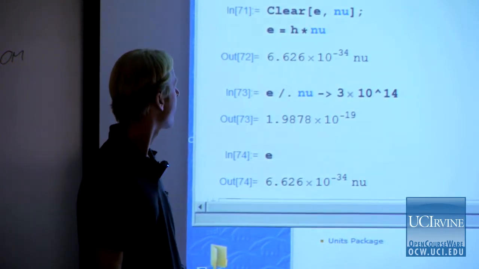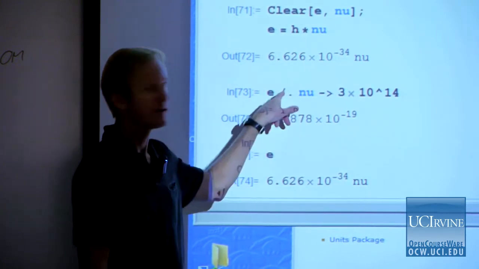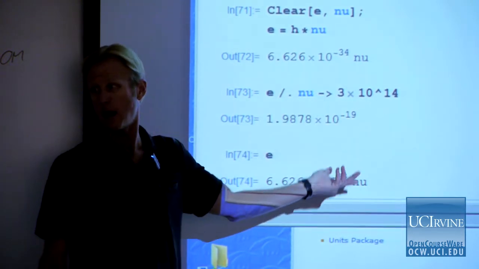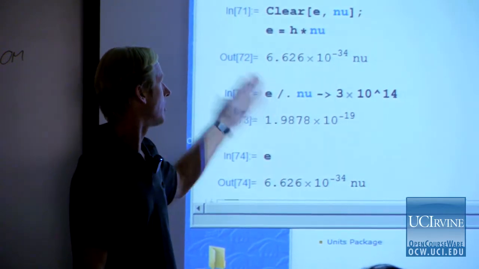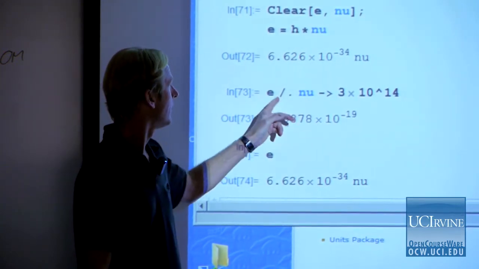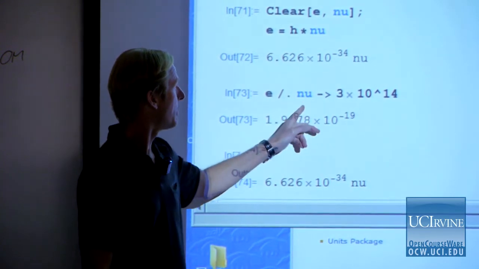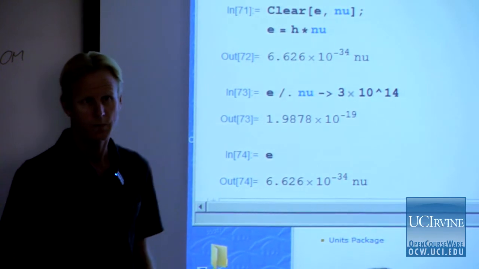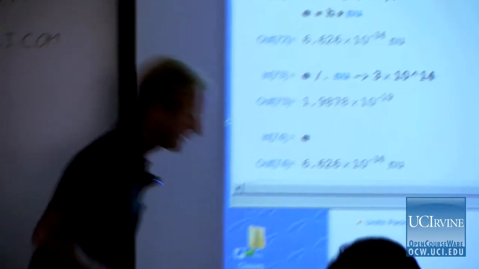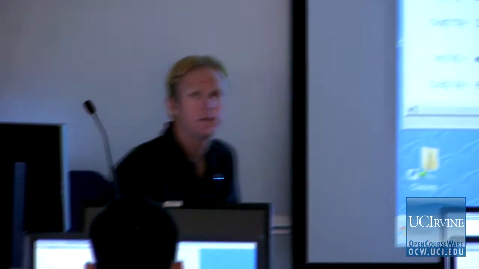Okay? Does everybody understand it? It's kind of weird looking, but it's always the same. Variable, or whatever expression, slash dot, variable, arrow, value. It's always the same. Any questions on that? You see why it's useful? Now I can put in a different value of nu.